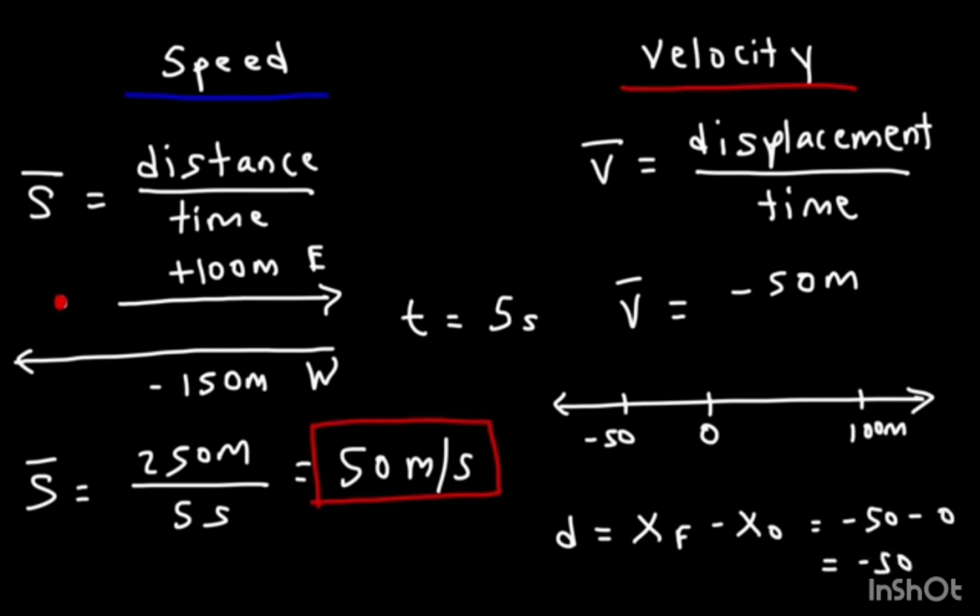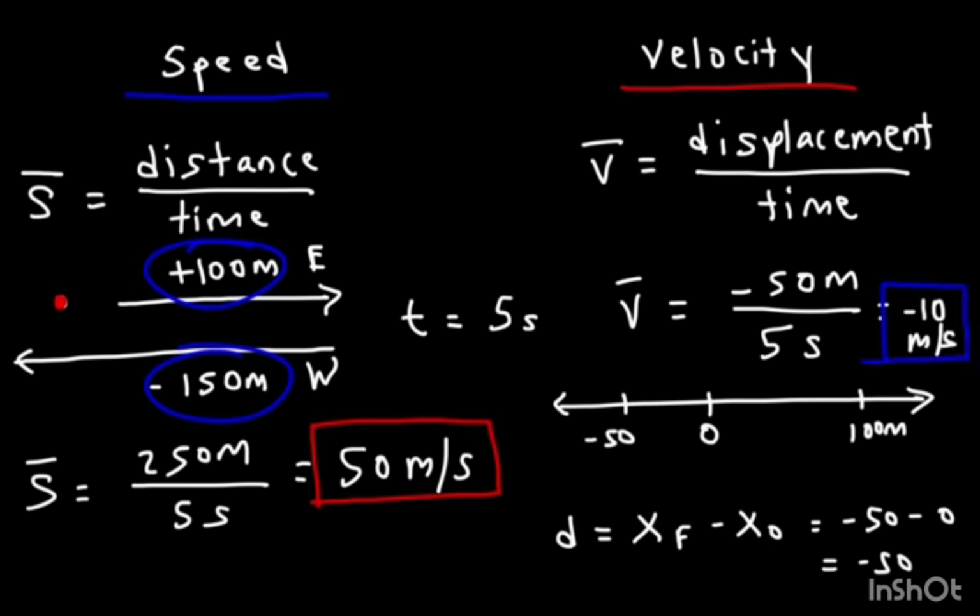You could do it that way too, but I prefer to simply add the displacement of each individual part of the problem to get the final displacement. So the final displacement is negative 50 meters divided by a time of 5 seconds. So negative 50 divided by 5, the average velocity calculated is negative 10 meters per second.